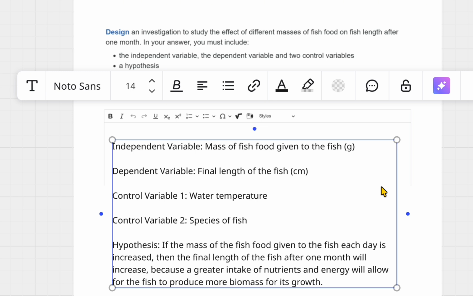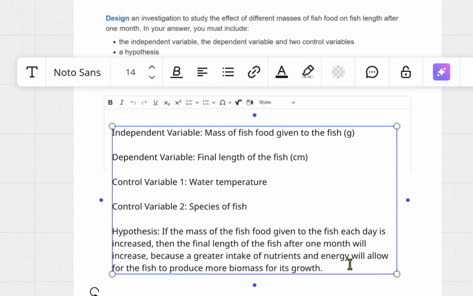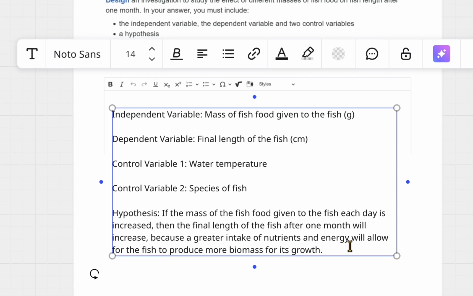Because if we increase the mass of the fish food given to the fish each day, then obviously it will get more nutrients, right? It will have a greater intake of nutrients and energy, which allows it to produce more biomass for the growth, which ultimately results in its final length increasing. So that is the biggest part, and that is why you have to follow this format. Remember again, if, then, because format.